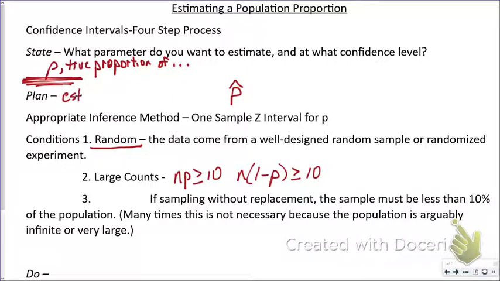Estimating P with P hat. We have no idea. We don't even have a claim for the true proportion. So down there on the large counts, we don't know what P is. So we're going to make do in this chapter with P hat.